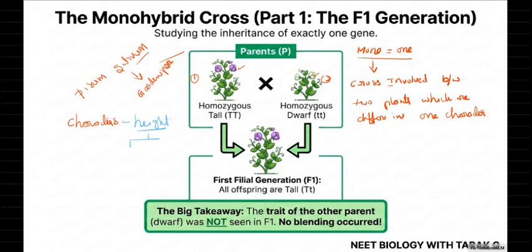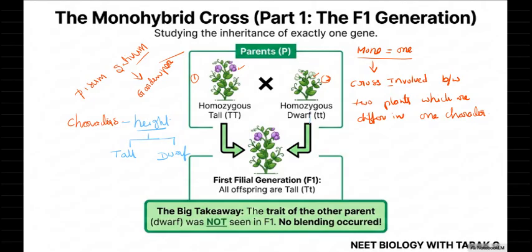Two traits: tall and dwarf. A cross between two plants which are different in this one character can be considered a monohybrid cross.